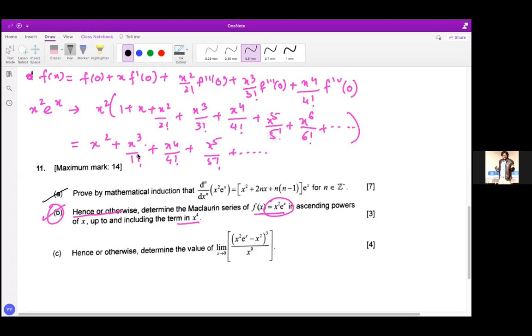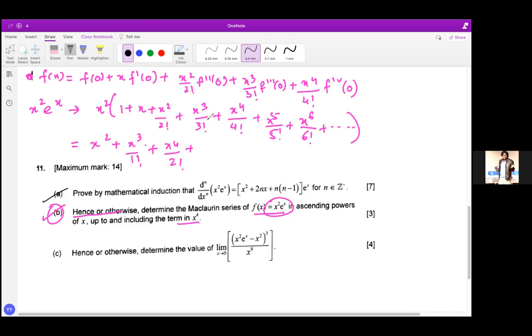Since they wanted only till x to the power 4, we have got x squared, x cubed over 1 factorial, x to the power 4 over 2 factorial, and the remaining terms, x to the power 5 over 3 factorial and so on. The remaining terms I'm not looking at because they have asked only until x to the power 4. So until x to the power 4, the expansion is x squared, x cubed over 1 factorial, x to the power 4 over 2 factorial.